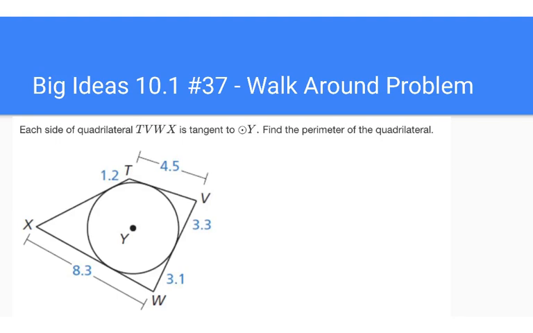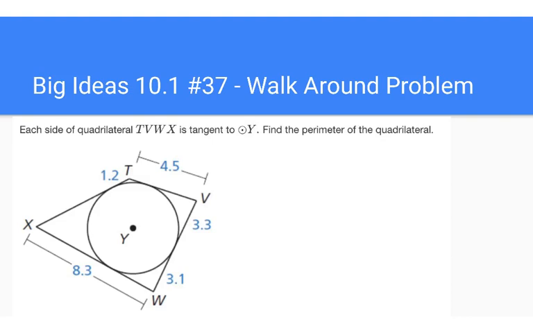This problem might have looked familiar. It's called kind of a classic walk-around problem. And when you have a circle that has a polygon around that circle, where all the sides of the polygon, or quadrilateral, are tangent to the circle.